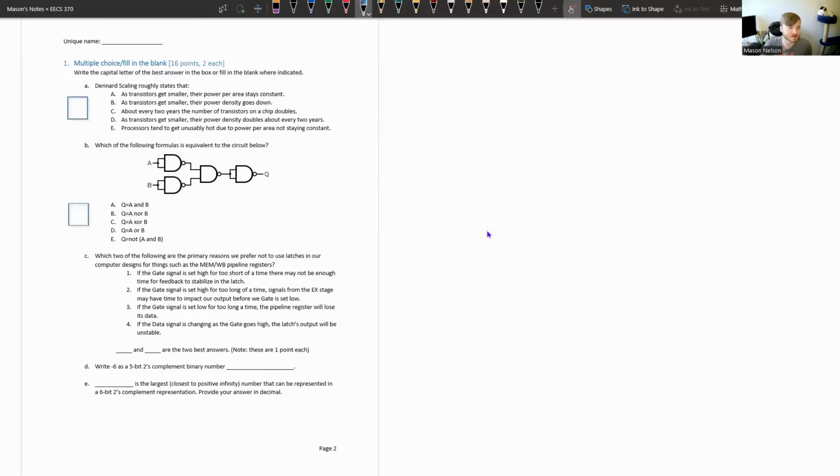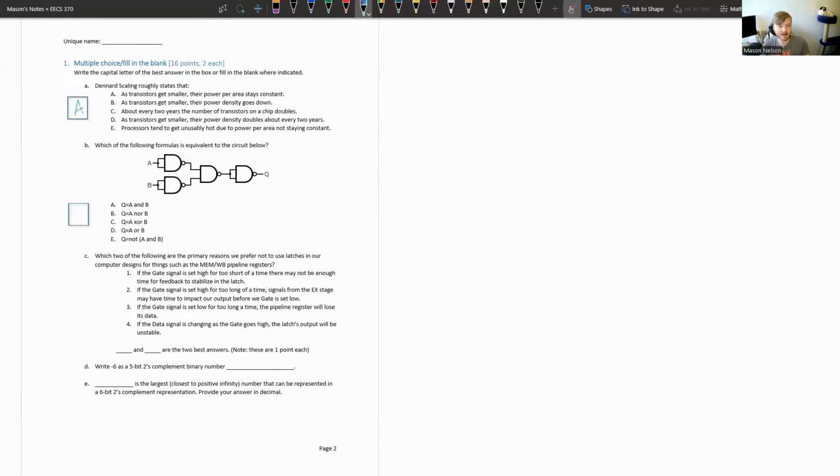And the correct answer for this one is A. And here's why. If we look at B, it says as transistors get smaller, their power density goes down. That is not true, or else we would see every year devices getting more and more efficient. It's just not what Dennard scaling says. Instead, we see the effect from Moore's law, which is actually what part C is.